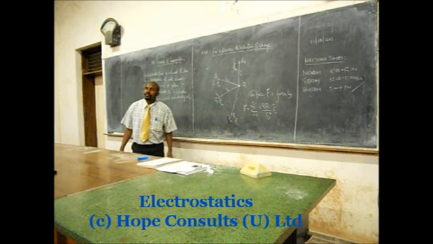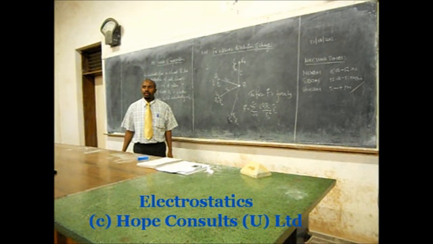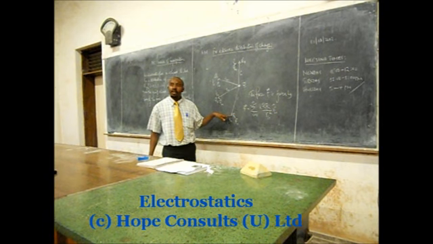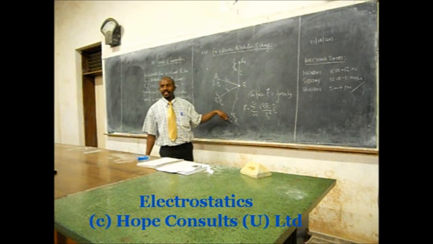Is that F01? Is it force on a charge Q0 due to charge Q1 or the other way? We are looking at Q1, and by the nature of the direction, it means that we are considering the force of this one on this one.